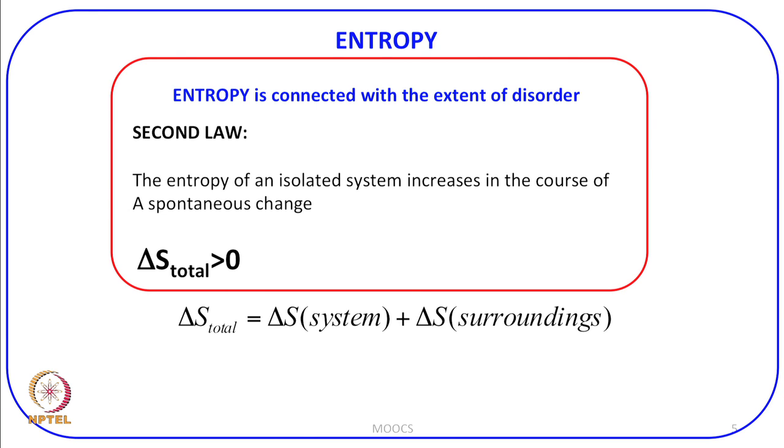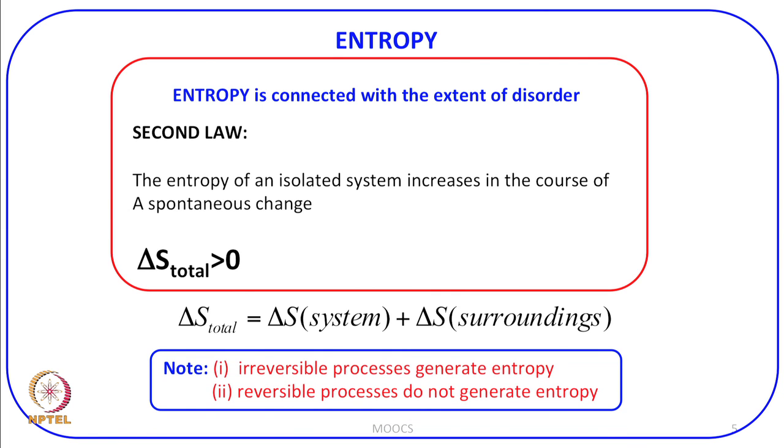And as we just discussed, the entropy is connected with disorder. So, 2 points to be noted here. One is that irreversible processes generate entropy. Reversible processes do not generate entropy. All of a sudden expansion of a gas, that's an irreversible process.